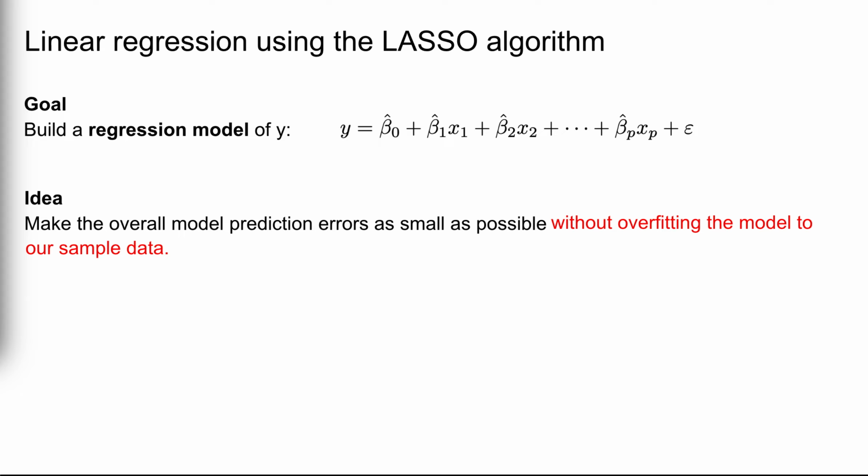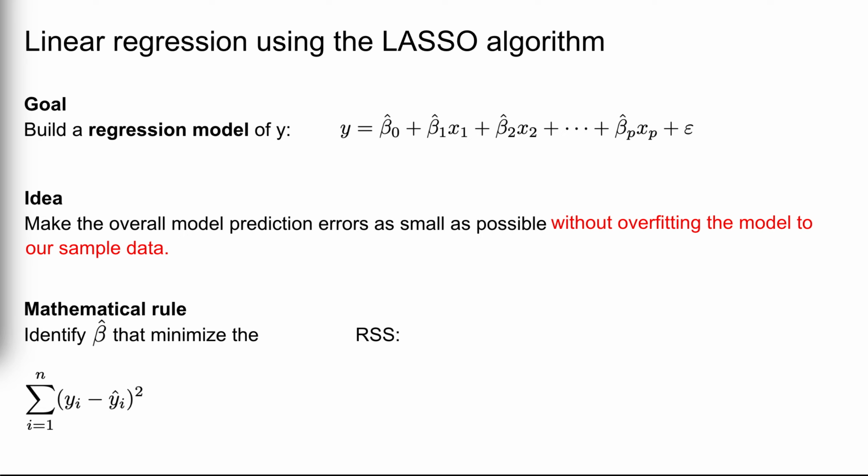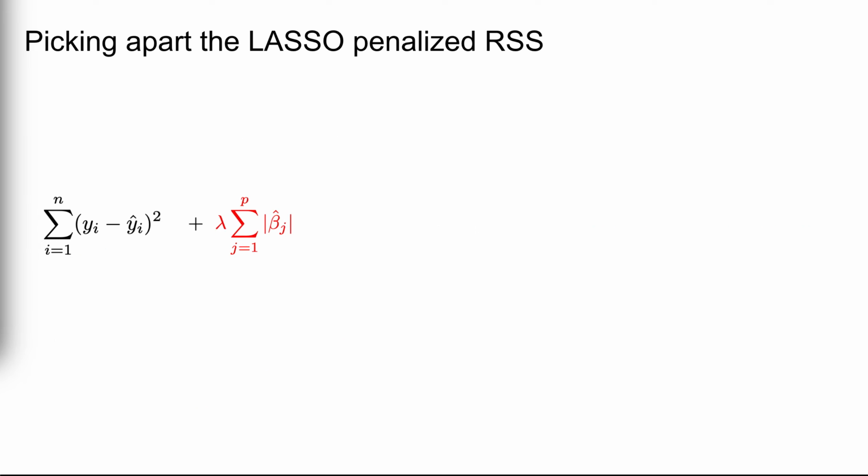To achieve this modified goal, the LASSO utilizes a modified criterion. Specifically, instead of seeking coefficients that minimize the residual sum of squares, as happens in least squares and doesn't address overfitting, LASSO seeks to minimize a penalized residual sum of squares. I expect this looks quite strange and unintuitive, so let's pick it apart. The penalized RSS used by the LASSO algorithm has two main components.